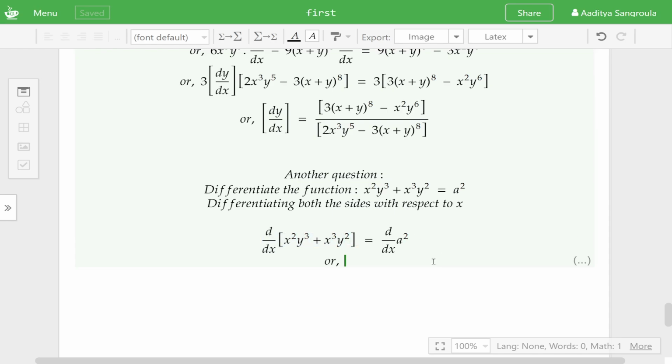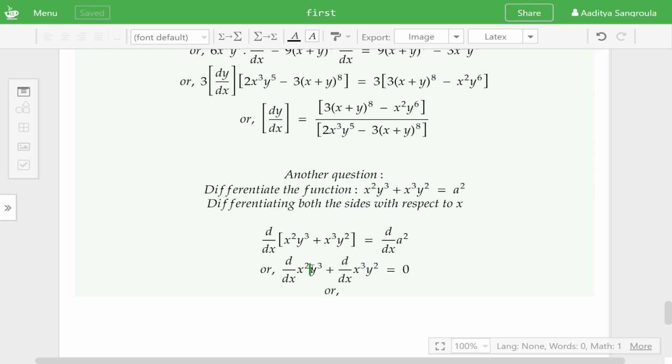Let me write this one step by step, and the other one I'll skip the steps, that'd be quicker. So this is going to be the derivative of x squared y cubed plus d over dx of x cubed y squared, which is equal to 0 because a is a constant, or use the product rule.